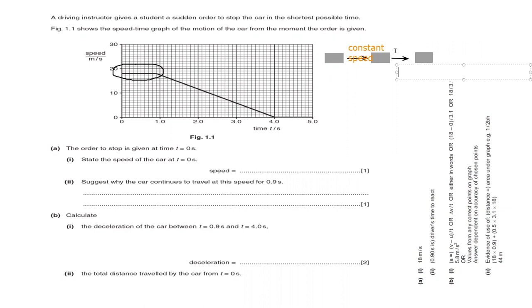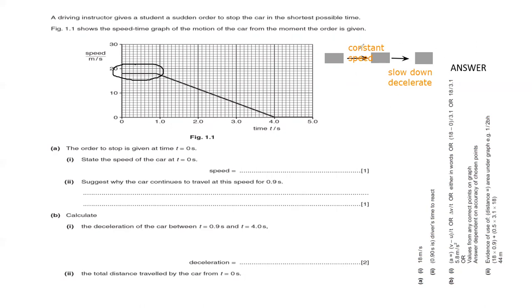And here the car slows down or decelerates the moment the student applies the brake. So what is the reason why the car continues to move with a constant speed for some time? Because that's called a reaction time.